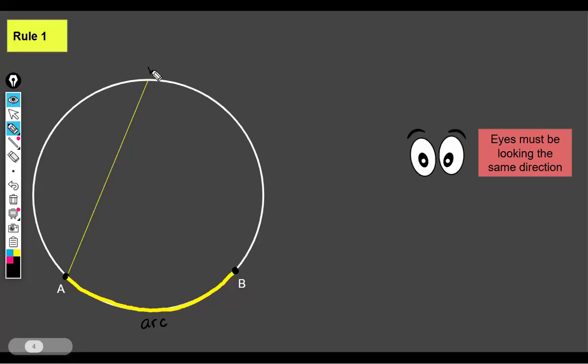I want everyone to draw that line for me. It doesn't matter where it hits the circumference. It could hit anywhere, but make it look like mine, somewhere on top here. Everyone drawing that for me. At the beginning of the arc, we draw a line to hit a point on the circumference.